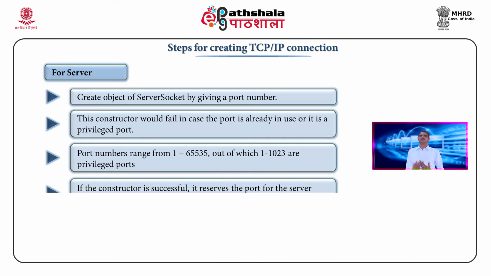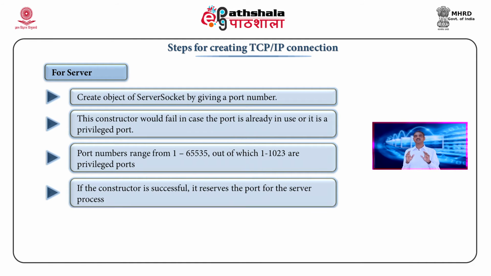So, the constructor of ServerSocket is successful if this port number is not being used by anyone else, and it is not a privileged port, or rather the application has the privileges to use that port, and it is in the range of 1 to 65535.